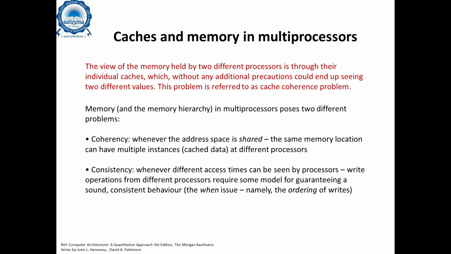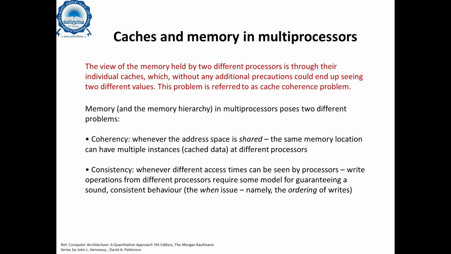So the first view is through its caches, and without any additional precautions, which we're going to talk about now, they could end up seeing two different values, which could be a problem. This problem is referred to as the cache coherence problem. So memory in a multiprocessor poses two different problems. First is cache coherence and second is cache consistency.